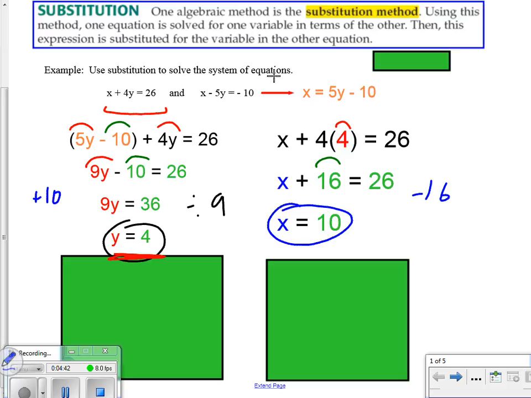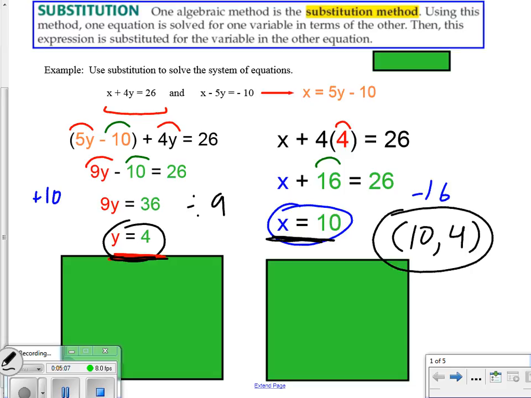So we found our two values, our x and our y, that would be the same in each case. It's going to be the spot where both of these lines would go through that exact point. So you can leave your solutions as x equals 10 and y equals 4, or you can call it the solution, call it the coordinate point (10, 4) as your solution, because remember, this is an exact point.